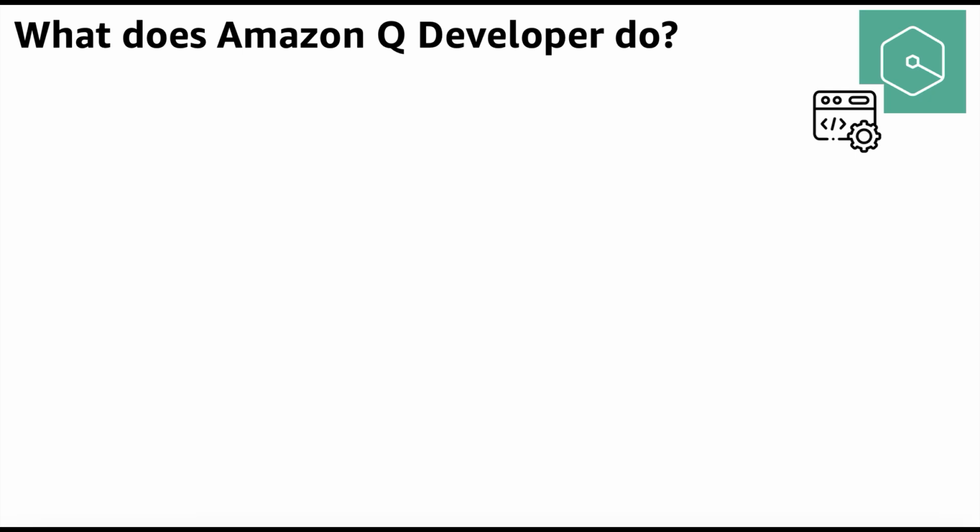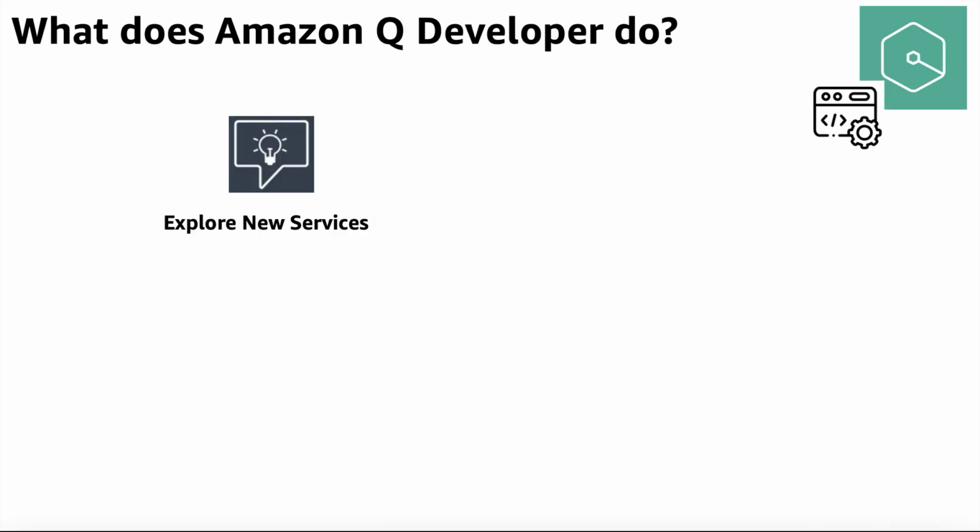Amazon Q Developer is a generative AI-powered assistant. Amazon Q Developer is an expert on patterns in the AWS well-architected framework, best practices documentation, and solution implementations. This makes it faster and more efficient for you to explore new services and capabilities, learn unfamiliar technologies, and architect solutions.